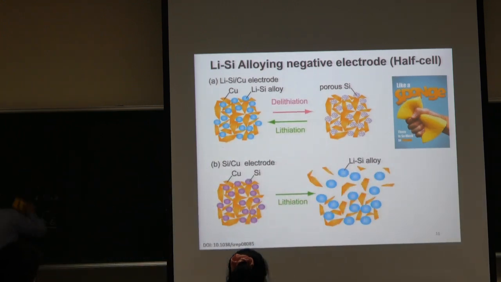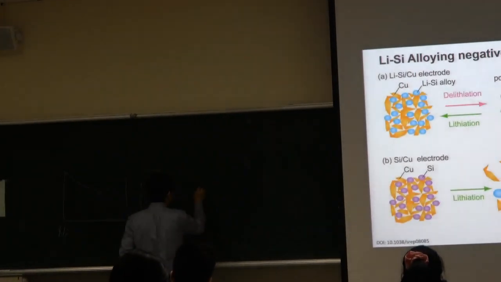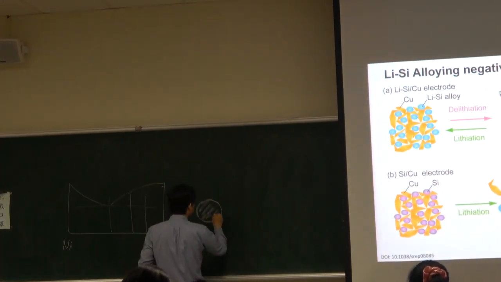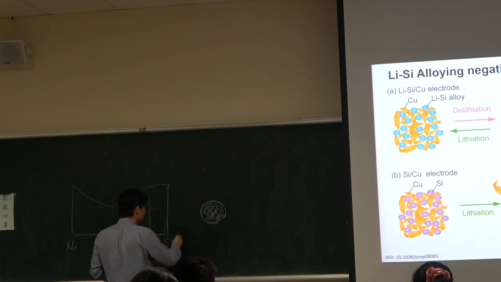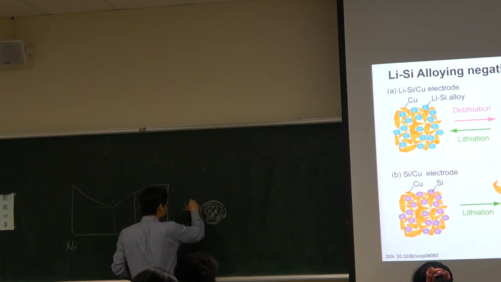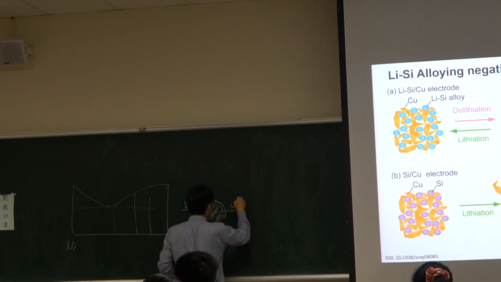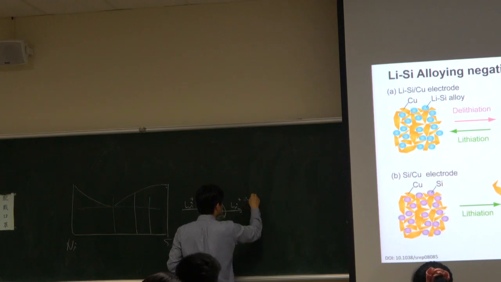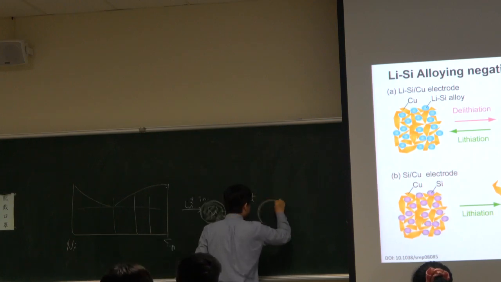So I would say, for example, you have one silicon right here. Lithium in and lithium out. And finally, you will see something like that. The silicon will look like that.